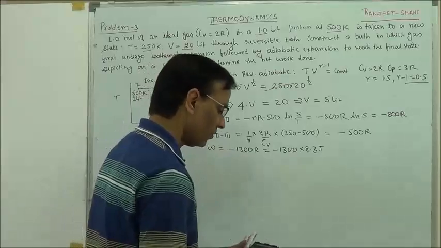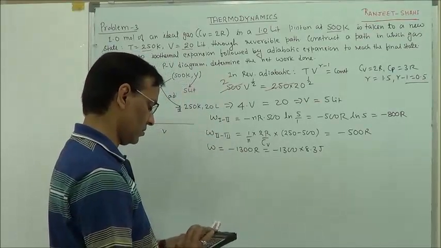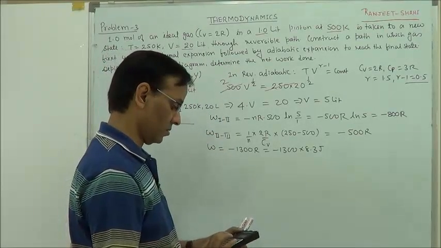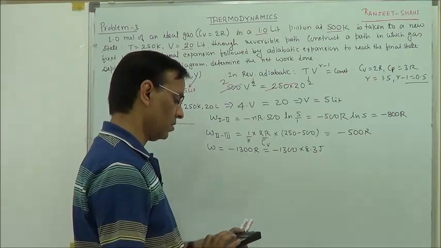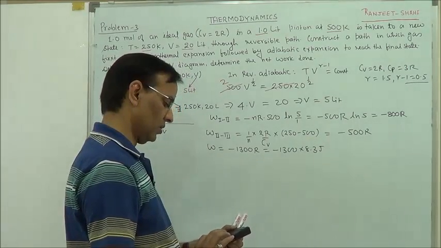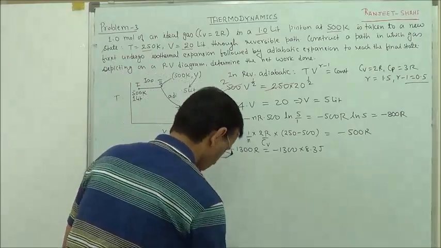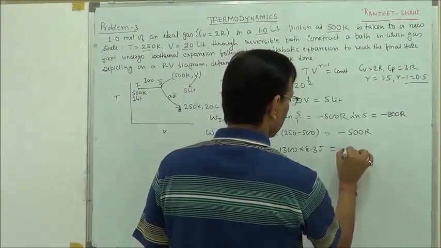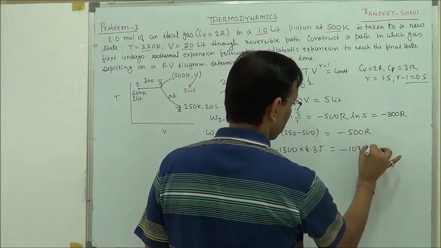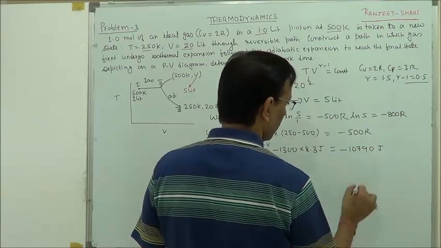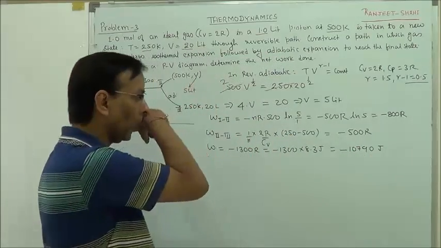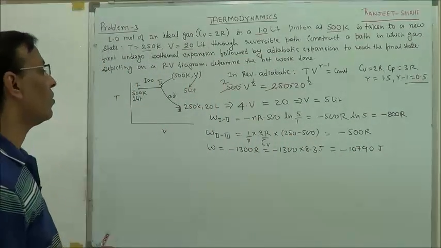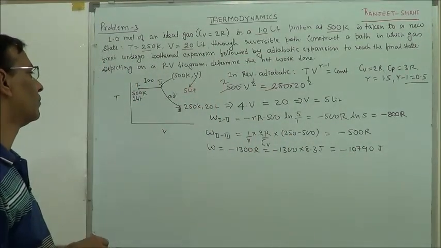So if we solve it, it is minus 10790 joule, so approximately 10.8 kilojoule. This is the total work done.